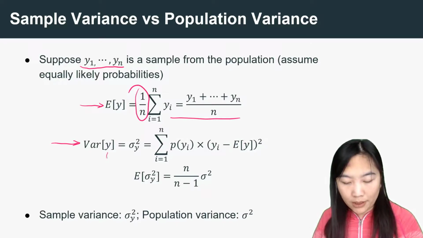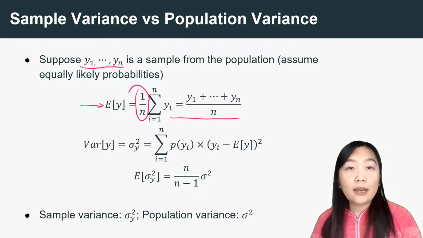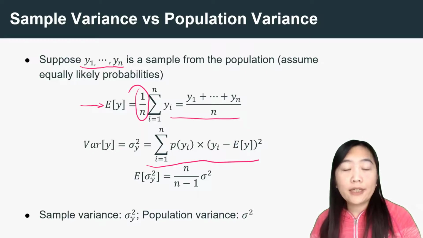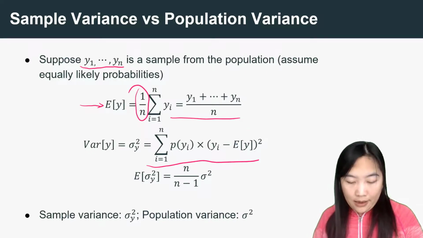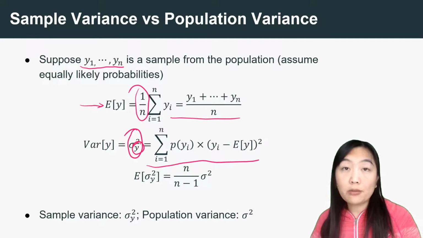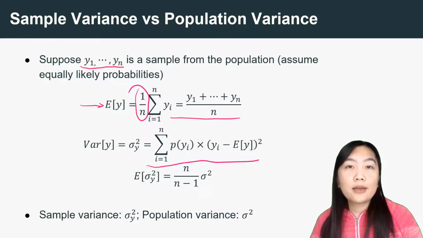Remember here, y is the sample. So the variance of y we can calculate using the formula I have just provided to you. And we use sigma y here, with a subscript y to indicate that this is the variance for the sample y.